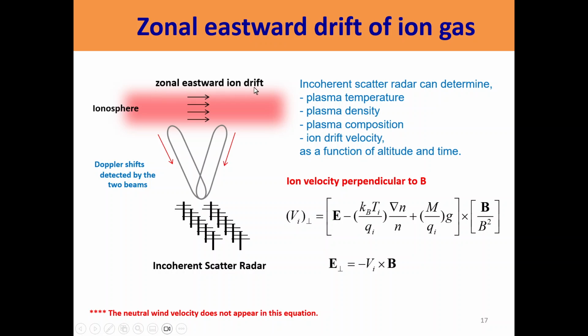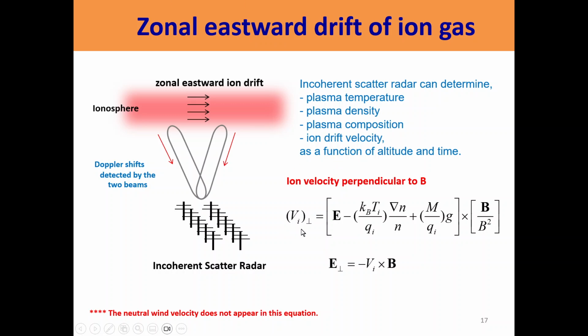So one of the terms that you may have heard before is called zonal drift, right? Or zonal ion drift, or some people call it zonal eastward ion drift, which is the direction of the ionized ions, or you can even call it the electric field, okay, is this direction.